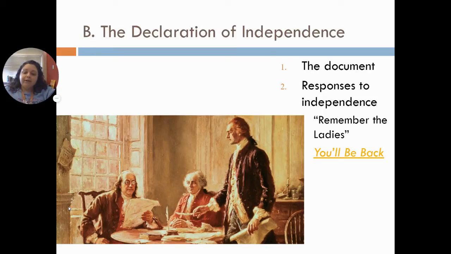The opening part of the Declaration of Independence is all about the explanation as to why the colonists are doing this. Thomas Jefferson is justifying these actions. He is justifying the colonists declaring independence in the first part.